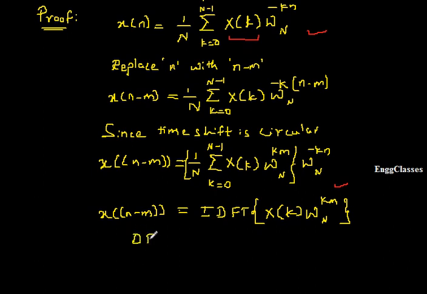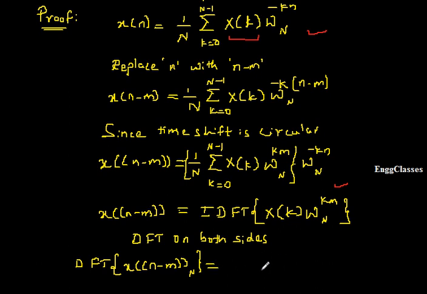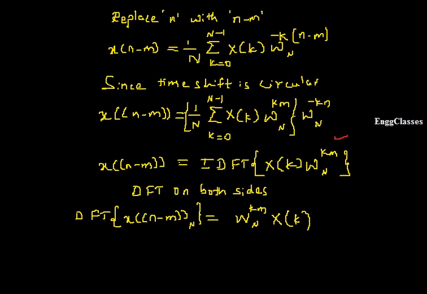So if I take DFT on both sides, I'm going to get DFT of x of n minus m equal to W_N to the power k into m, X of k. So this is what I was looking for. Is it correct? Hence, I would say it is proved.